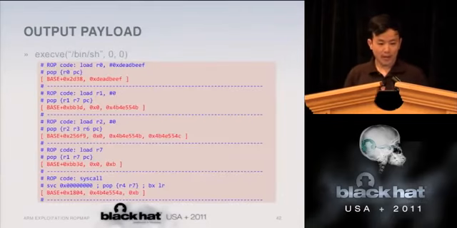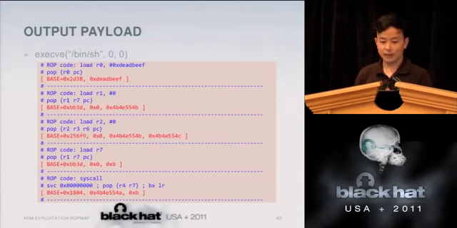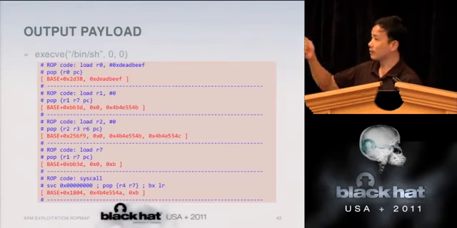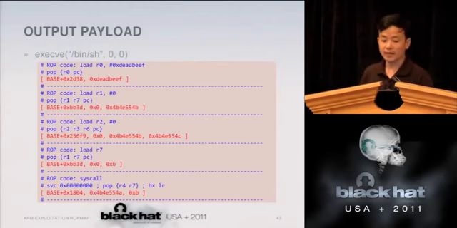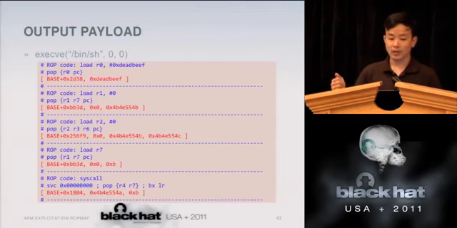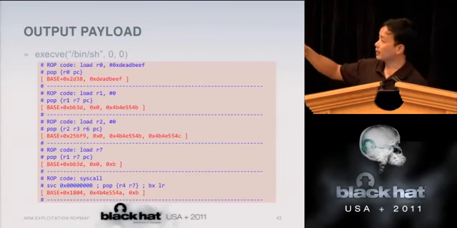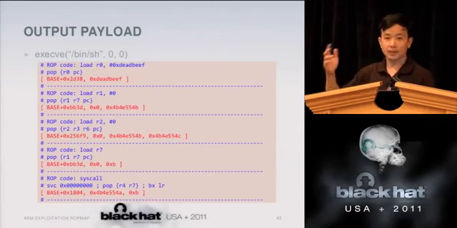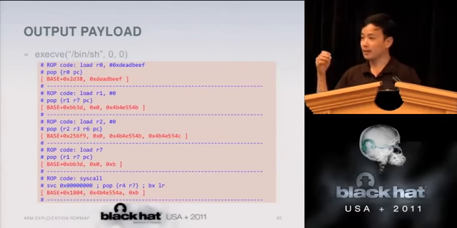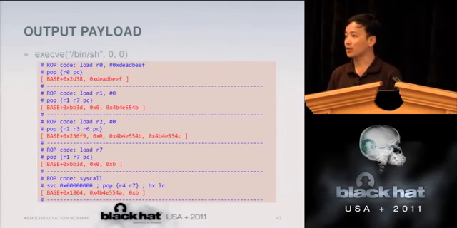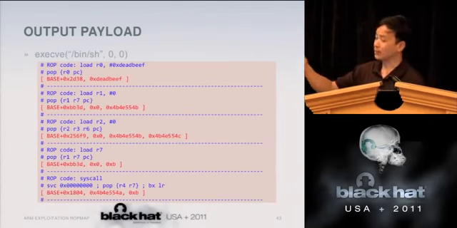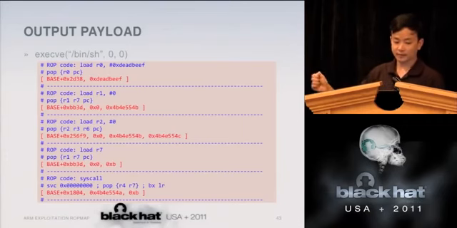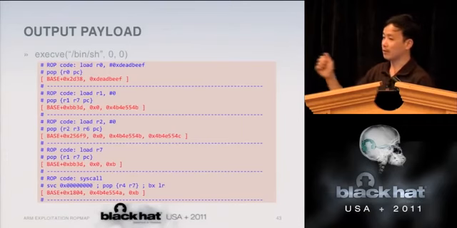For the output payload, here is an example for the previous ROP shellcode, execve /bin/sh with 0, 0. Its output is the ROP code, the gadget instructions, and then the payload. We have here the gadget offset and the required value on the stack.